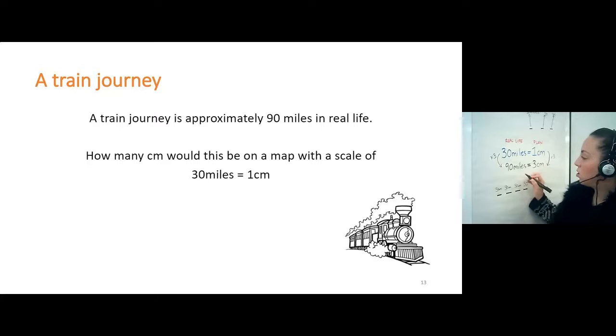You know, if it was 120 miles, for example, that would be 4 centimetres because it's another 30 miles. So 30, 60, 90, 120 miles. So every 1 centimetre on this map, for example, is worth 30 miles. And that's exactly what that means.